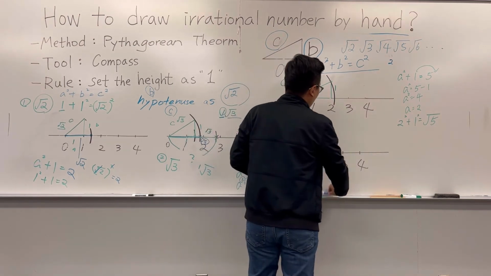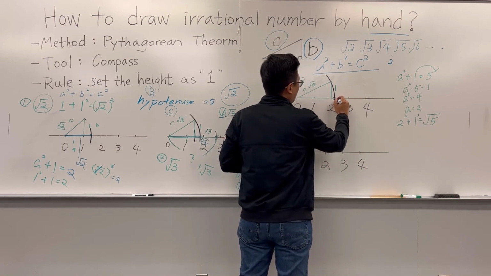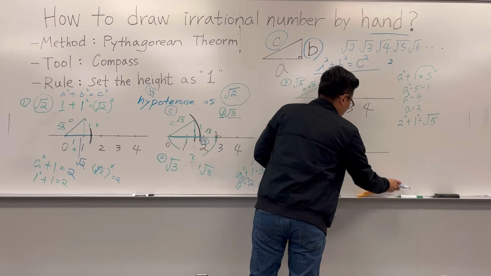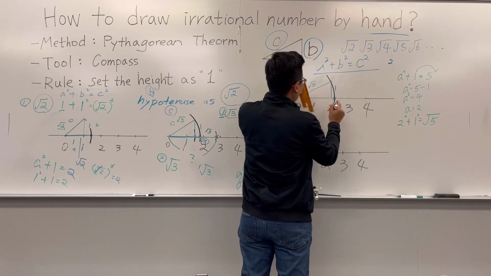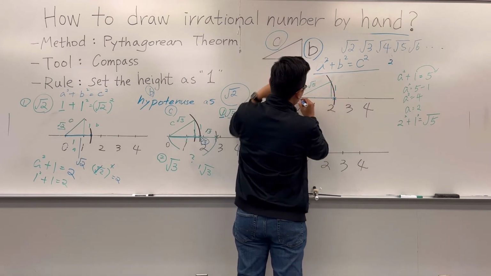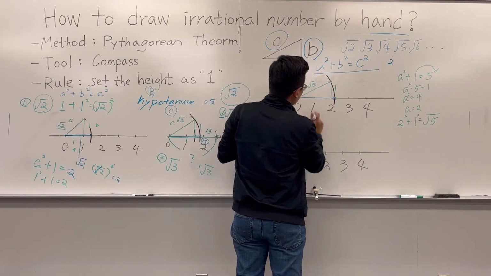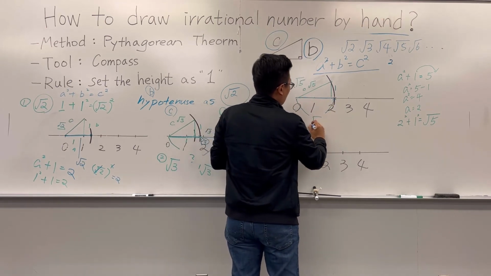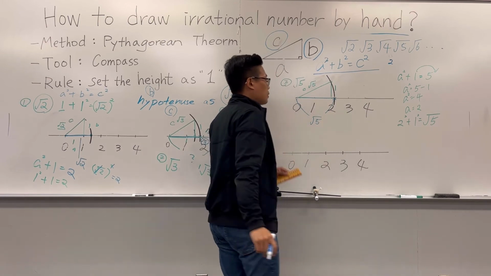The cross point is here, and I connect the line to the 0 point. So this blue line is the square root of 5.